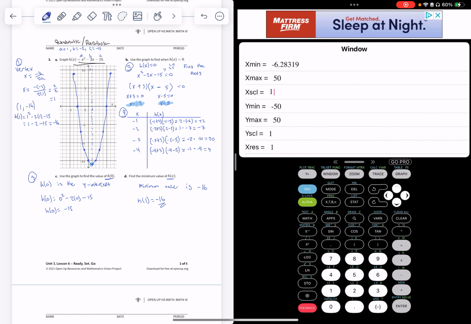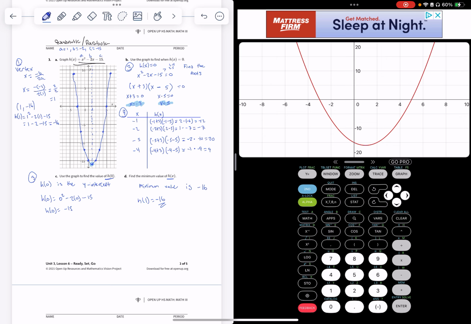Let's change our window a little bit. So my x minimum, let's make that negative 10 to positive 10. And my y minimum, let's go negative 20 to positive 20. And let's see how that looks. Okay. So again, this is your parabola.